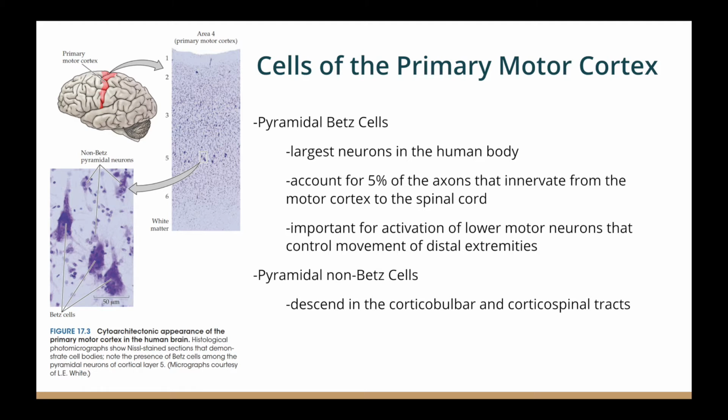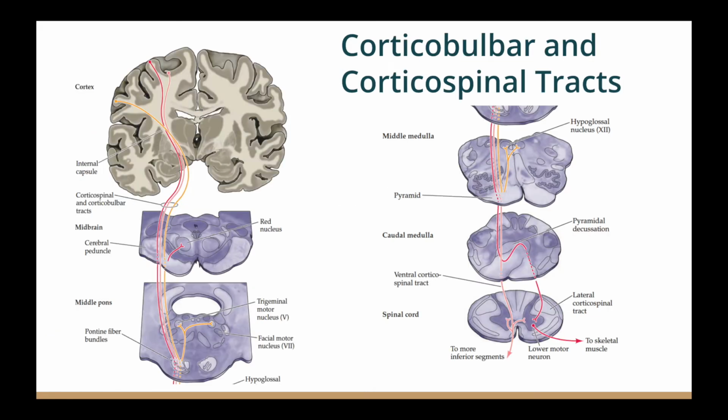The remaining upper motor neurons are the pyramidal non-Betz cells, which are found in the primary motor cortex and in the premotor cortex, where they descend into the corticobulbar and corticospinal tracts. Here we have a diagram that depicts the descending pathways of the corticobulbar and corticospinal tract that terminate in the brainstem and the spinal cord respectively, where they will innervate different nerves to elicit movement.